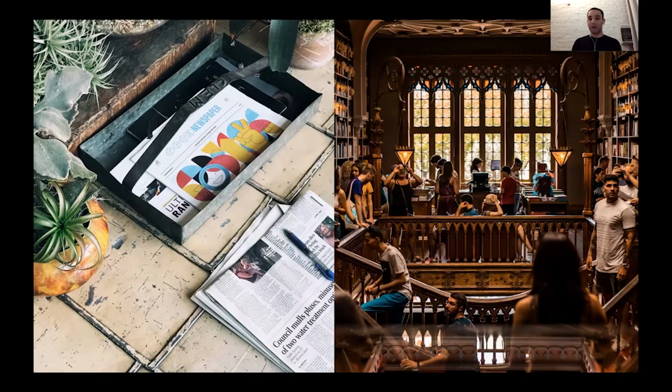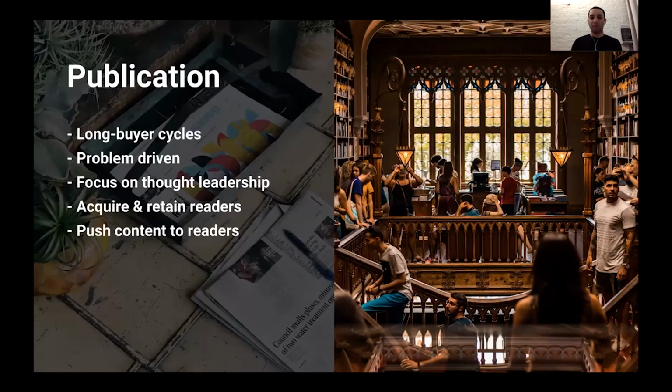And I think marketers typically default to content as a publication when they start thinking about content marketing and building a content marketing strategy, in that you operate your content like a publication, like a newspaper, like a magazine, which you send out to your readers on a subscription basis. And while that does work, it is better suited to certain situations.